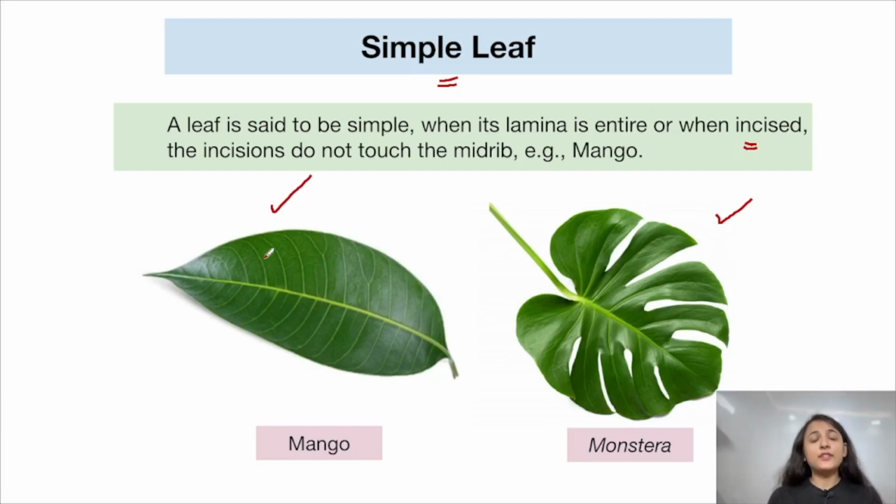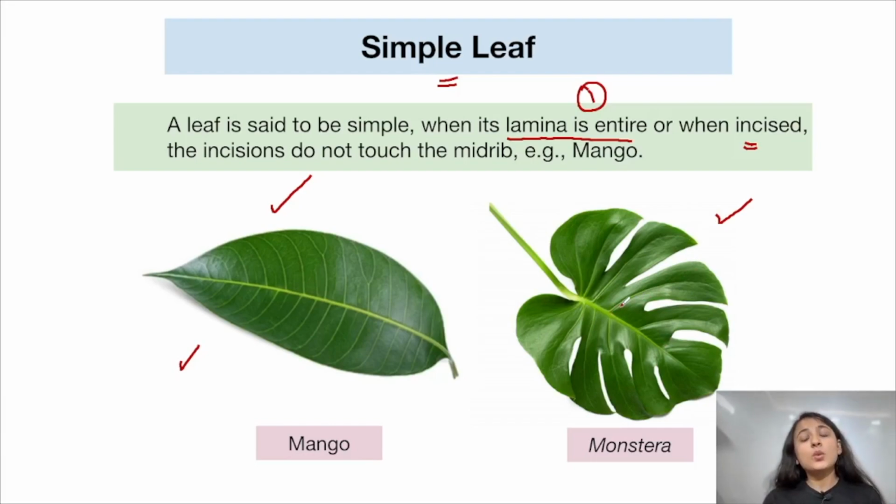So a leaf is said to be simple if either the lamina is entire, number one, or if incisions are present, they do not touch the midrib. And incisions are these cuts present in the lamina. One of the examples of a simple leaf is the mango plant. The other example is seen in the monstera plant. This example represents those kinds of simple leaves in which incisions are present but they do not touch the midrib.